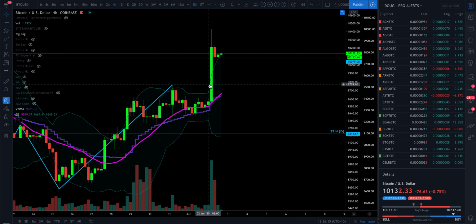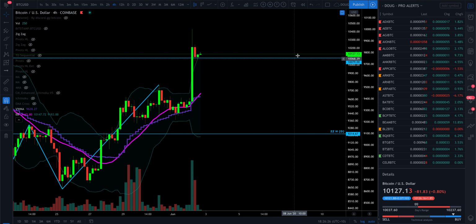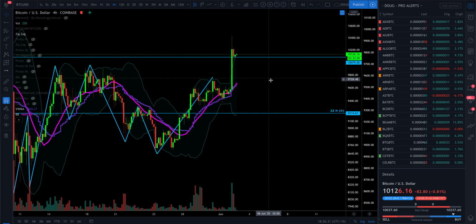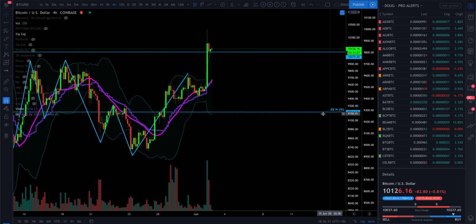So I mean, we're riding these Bollinger Bands right to the top now. I wouldn't be surprised if we pull back down, find this mean average being the pink line or the 20 moving average, and then start to move either sideways and then begin to push back up and test again, or we start to roll over and come back down to these 9,400 levels, somewhere around in here.